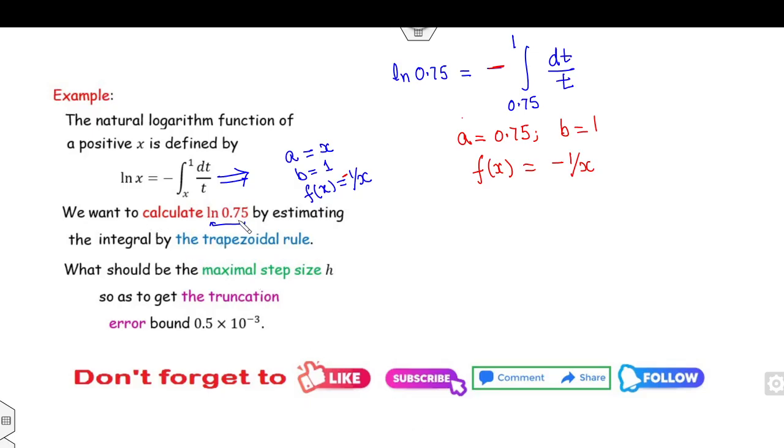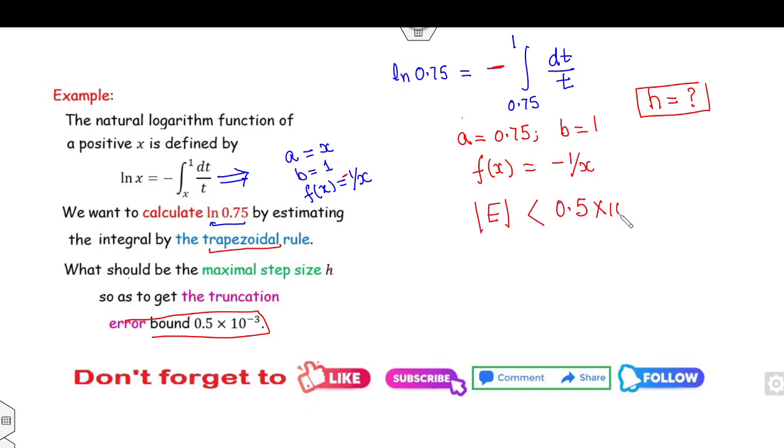We want to calculate the logarithm by using the trapezoidal rule. What should be the maximum step size h? So your target is to choose the value of h so that the truncation error is bounded by 0.5 into 10 raised to power minus 3.